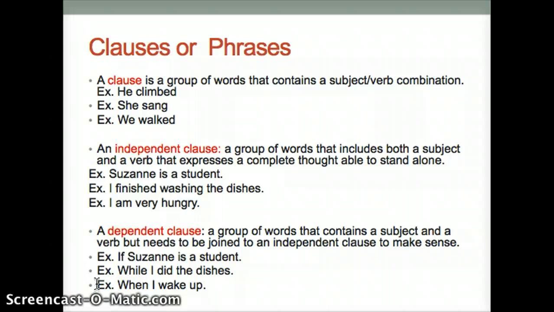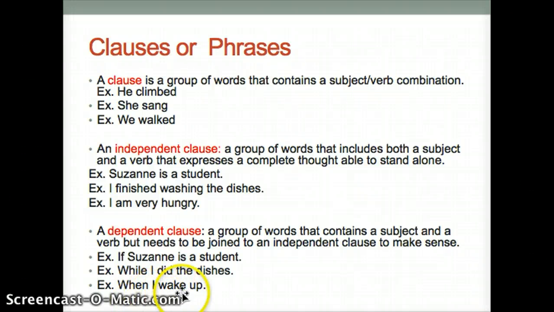So if Suzanne is a student is not a complete sentence, it's not a complete thought. You need to add more information. While I did the dishes, also an incomplete thought. When I wake up, it's sort of leading us towards more information. So that's how you know you have a dependent clause.